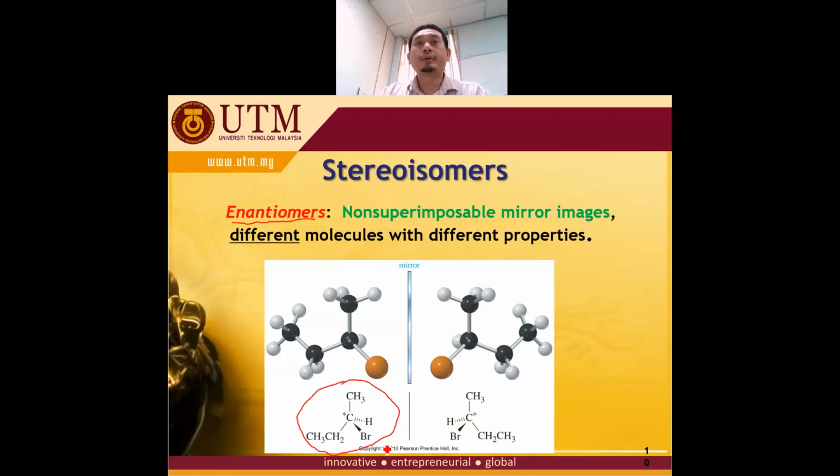There are many ways to draw the 3D structure, but this is the standard one: 3 on the plane, 1 pointed toward us, another one away from us. From the equation to 2-pentanol, you just need to replace the groups.